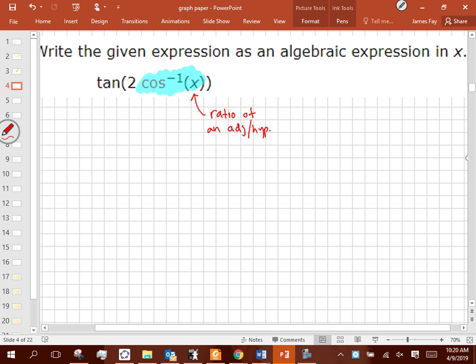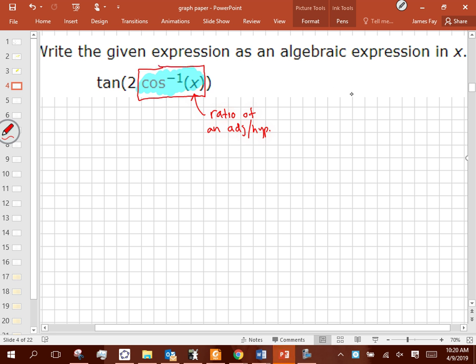Secant, cosecant, cotangent, their respective sides divided by one another, right? So it doesn't really matter what that trig function is, as long as you know that tangent is opposite over adjacent, or cotangent is adjacent divided by opposite. Okay. What this does for us then, the input is a ratio, the output is an angle.